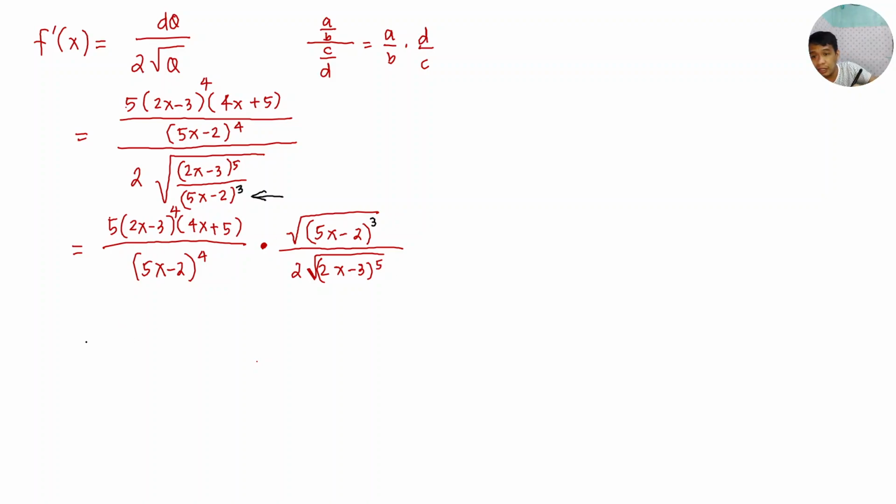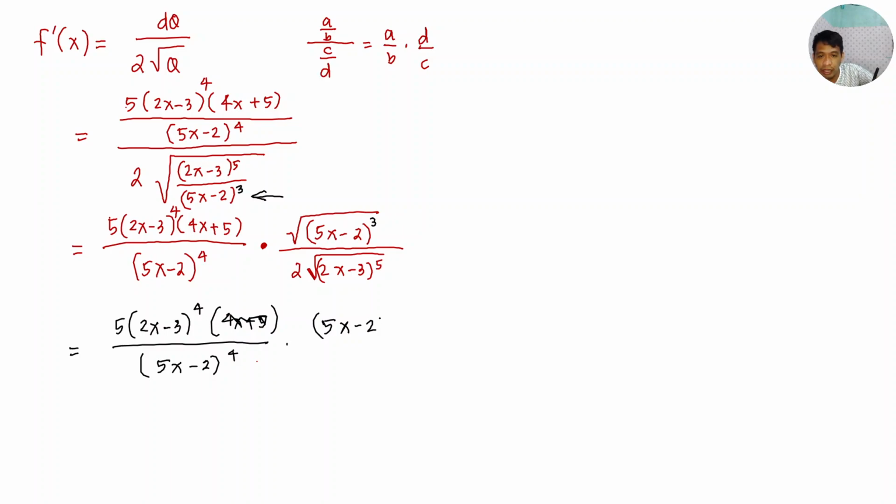But since square root can be written as 5, 2x minus 3 to the fourth, 4x plus 5, all over 5x minus 2 to the fourth multiplied by 5x minus 2 raised to 3 halves all over 2x minus 3 raised to 5 halves.